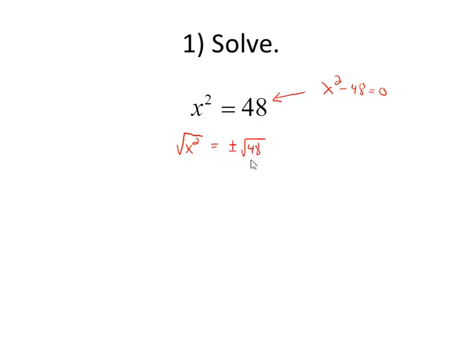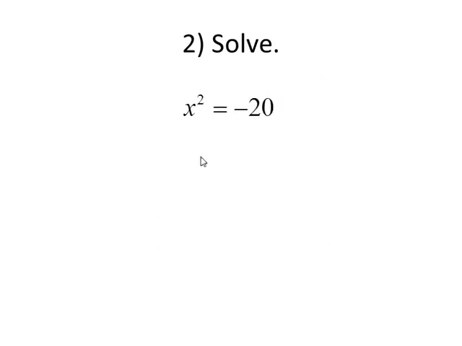When I take the square root of 48, again, plus or minus, square root of x squared is x, and on this side I'm going to have plus or minus root 48. 48 is 16 times 3. I know the square root of 16 is 4. That comes out. The 3 stays in. Now I have two solutions here. So when I write my solution set, it's negative 4 root 3 and positive 4 root 3.